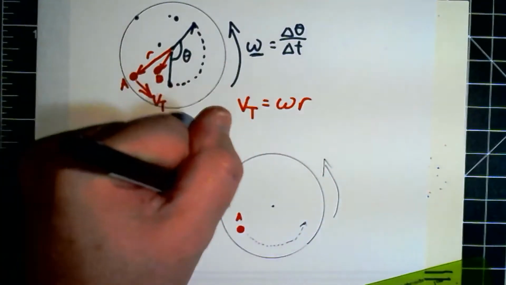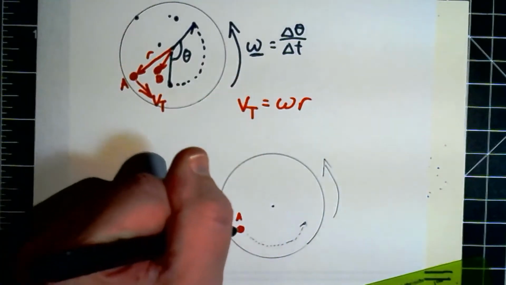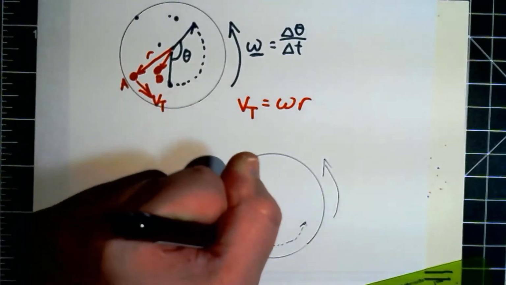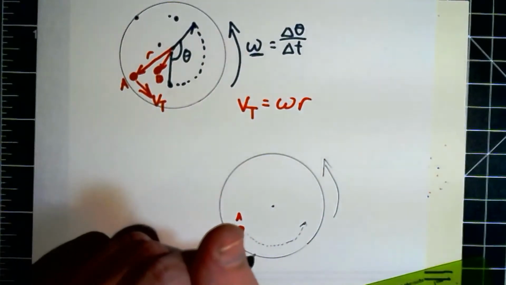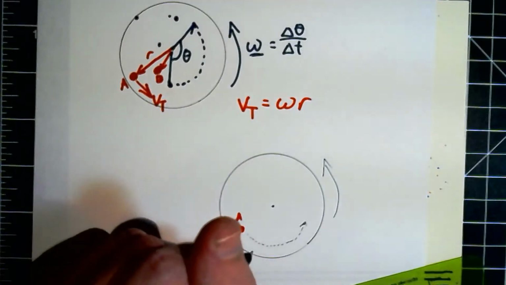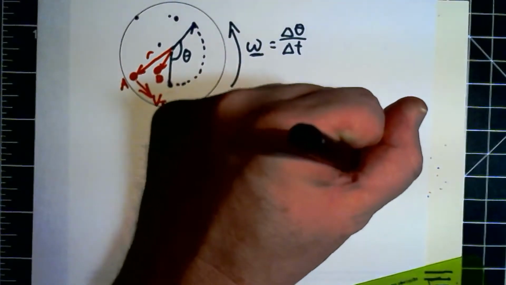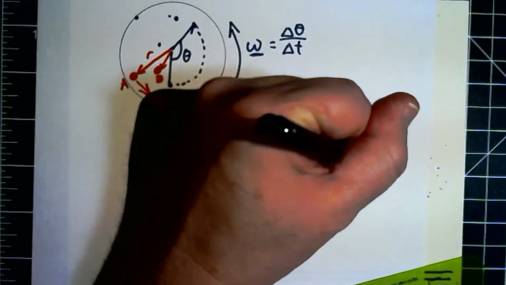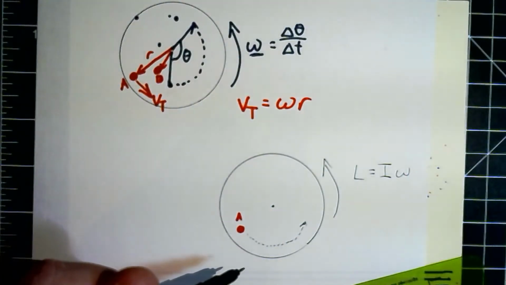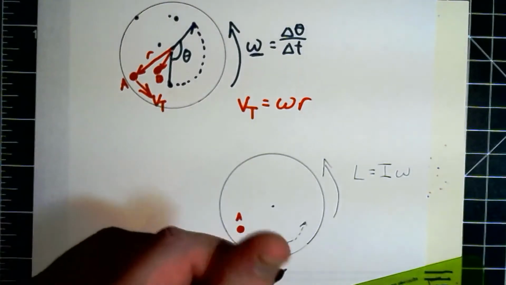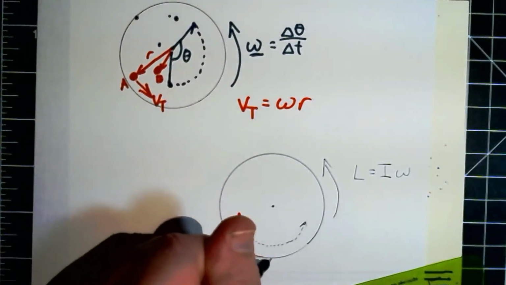You can imagine you're on a merry-go-round or a carousel at the park, and you start walking forward. The question says, does the magnitude of the angular momentum, L, which is I times omega, increase, decrease, or stay the same for the disk, not for the ladybug, but for the disk?